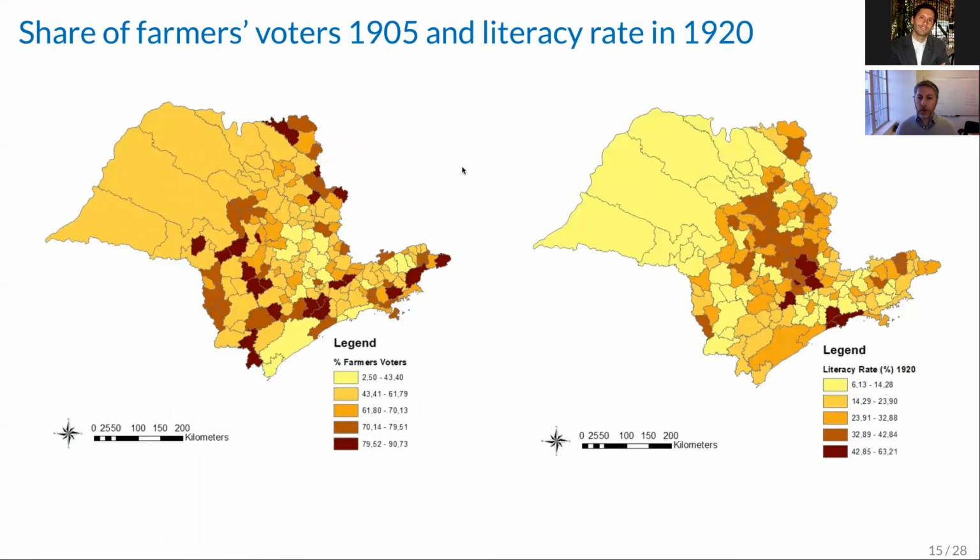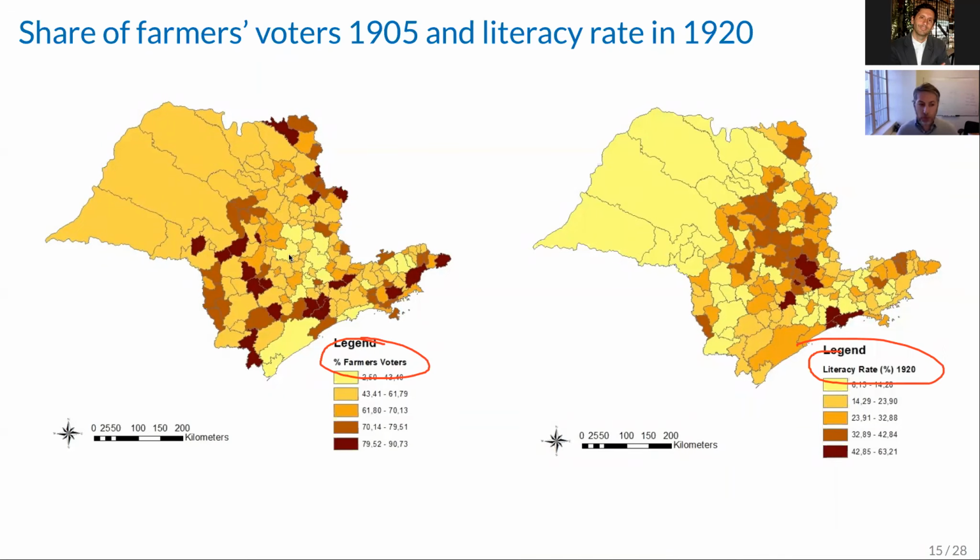But before telling you what the equation is that we're going to estimate, just so you have a sense of the variation that we have, this is the measure of farmers that were voters. This is the measure of literacy rate in 1920, right? If you look at this map, there seems to be some correlation.